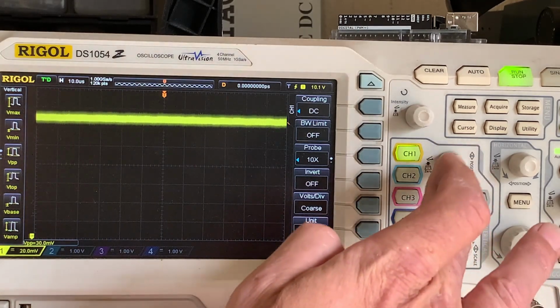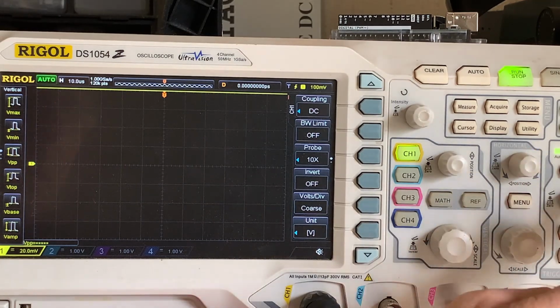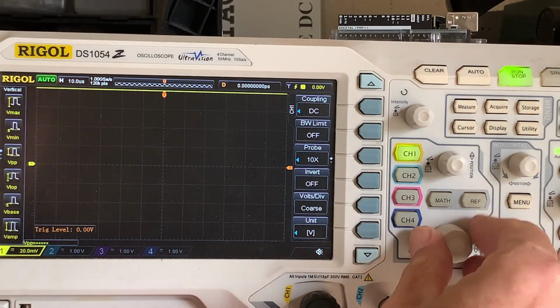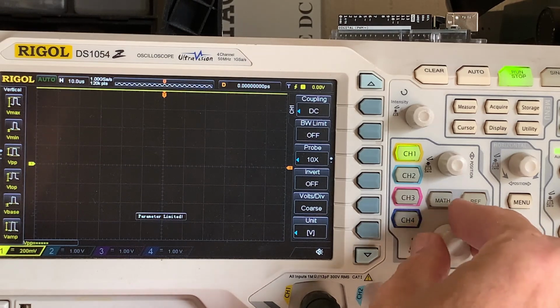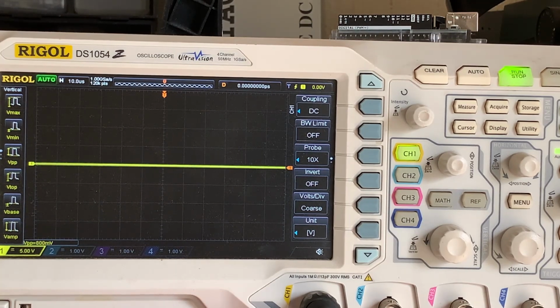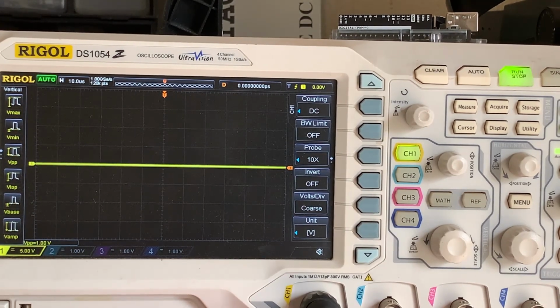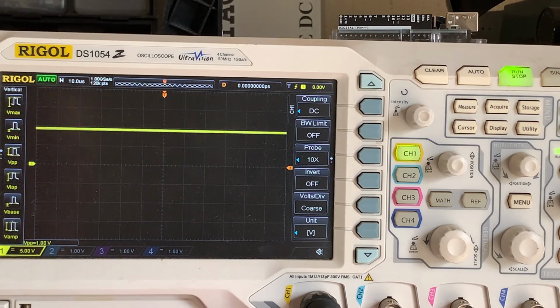Let us go and look at the output. We'll go to the first circuit. You can see we had 5 volts a division.